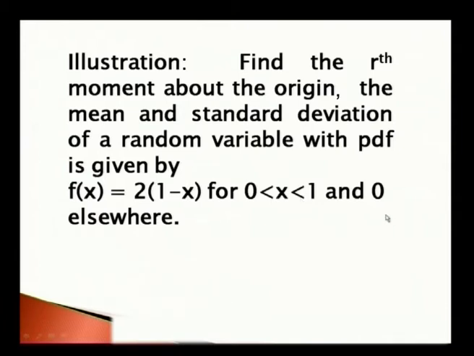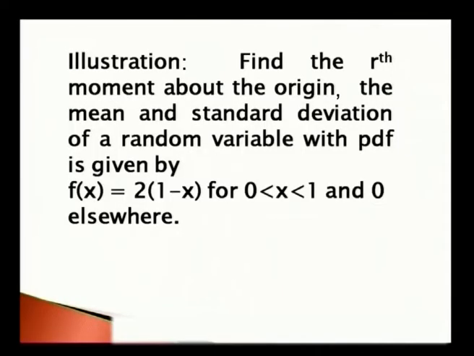As already discussed in the previous sessions, mean and variance can be found using various methods. Earlier in session 7 we have seen the mean and variance of a random variable using mathematical expectation, and in this session also you are finding mean and standard deviation, but using the moments, where the mean is mu 1 dash. When you put r equal to 1 in the rth moment you get the mean. Variance is mu 2 dash minus mu 1 dash square, and the square root of variance gives you the standard deviation.